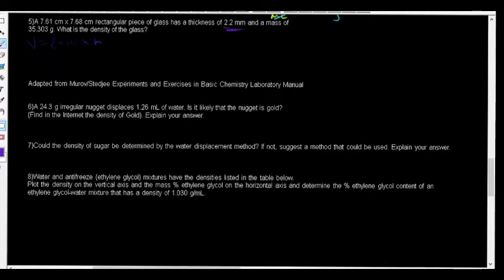One thing to pay attention to there, oh, by the way, we're solving for density, so the density of glass is going to be mass over volume, and we're given a mass, so that's not anything to worry about there. But if you do notice, that's in centimeters, that's in centimeters, and that is in millimeters, this one right here.